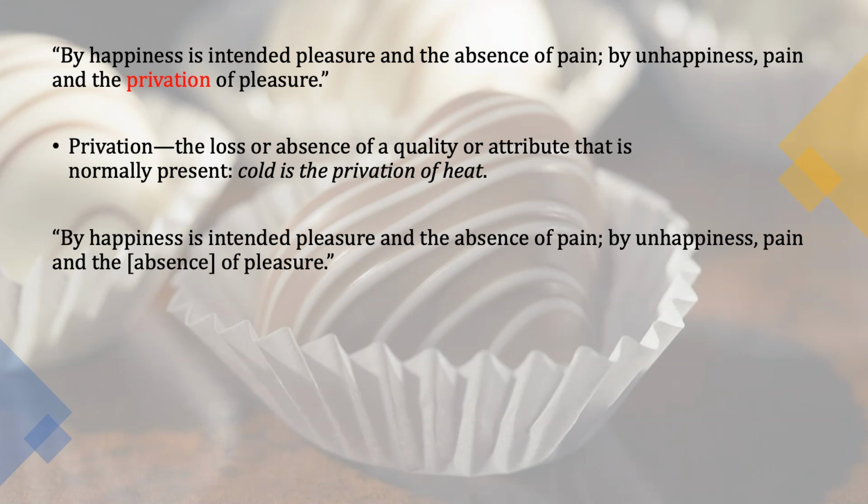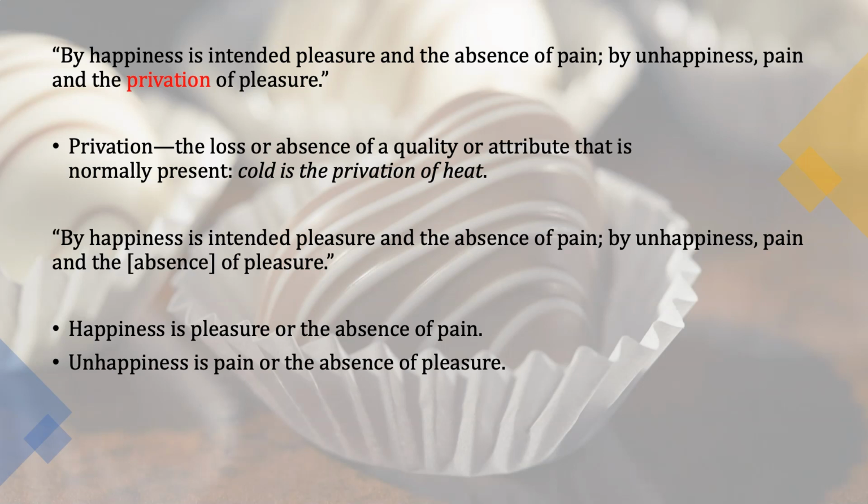Okay, so maybe we can change this a little bit to make it easier to understand. By happiness is intended the pleasure and absence of pain, and by unhappiness, pain and the absence of pleasure. Awesome. So we can see that in the second sentence, what we got is a definition of happiness and unhappiness. So, happiness is pleasure or the absence of pain, and unhappiness is pain or the absence of pleasure.